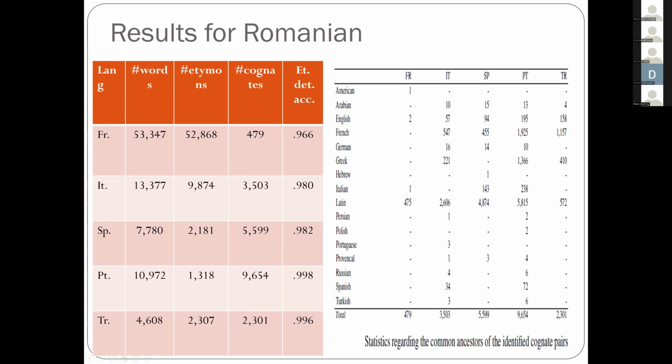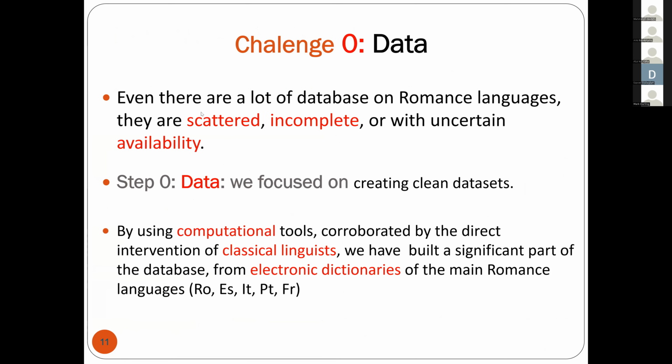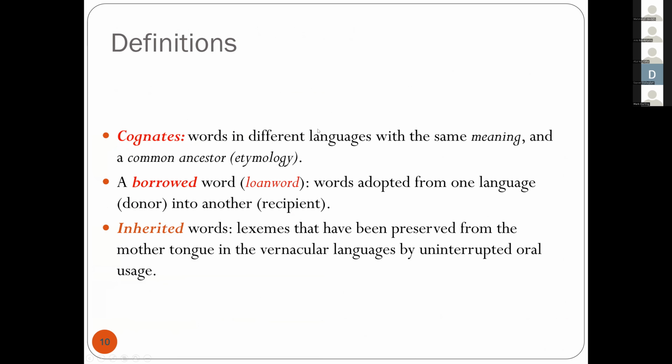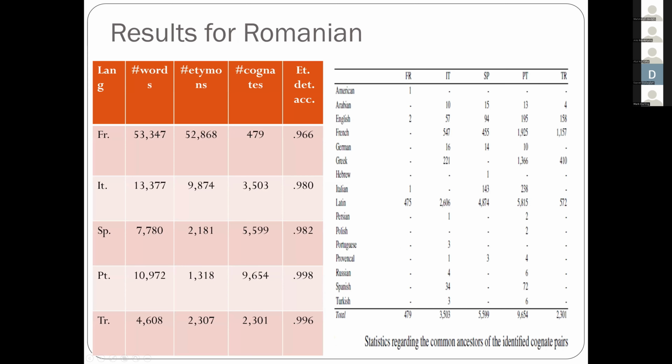But you will see here we obtained less than 500 cognate pairs with French. This is a little bit surprising, but it's because we use the definition for cognate words: words in different languages with the same meaning and a common ancestor, and for borrowings, the words with that language as etymology.